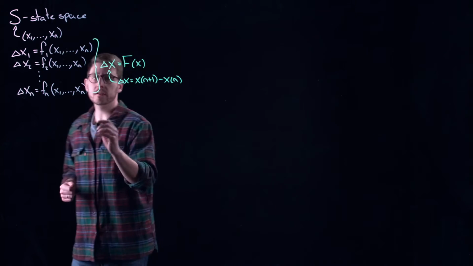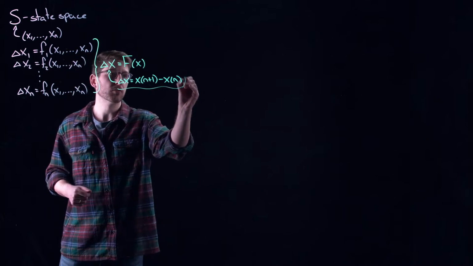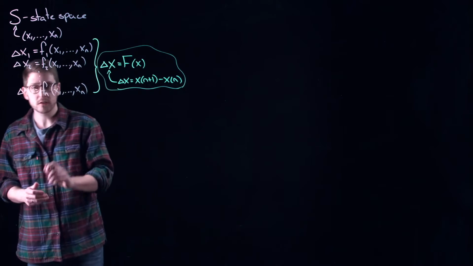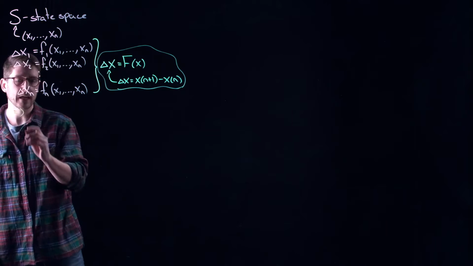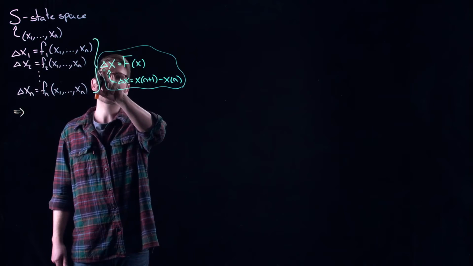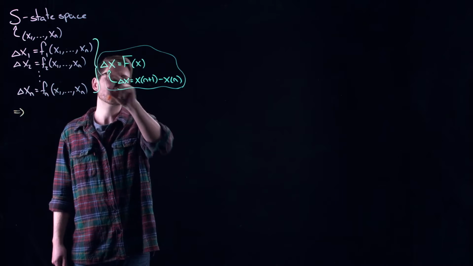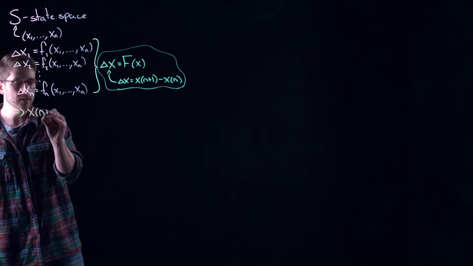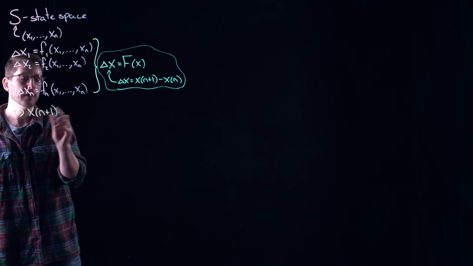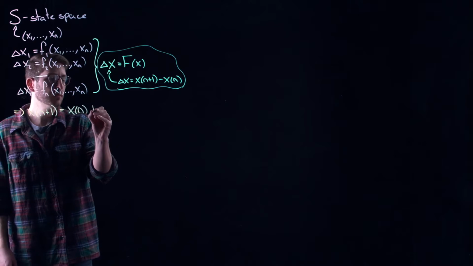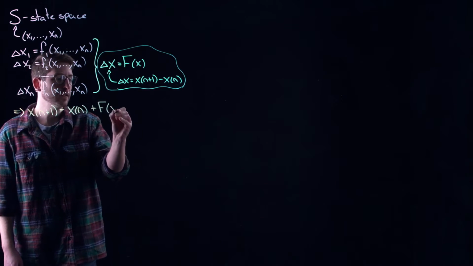Now, one thing that you can see about this formulation right here is that it can be arranged to tell you, if you know what's happening now, you can find out what will happen next. Because if you have this change, delta x, this tells me what's happening next is going to be what is happening right now plus the change.